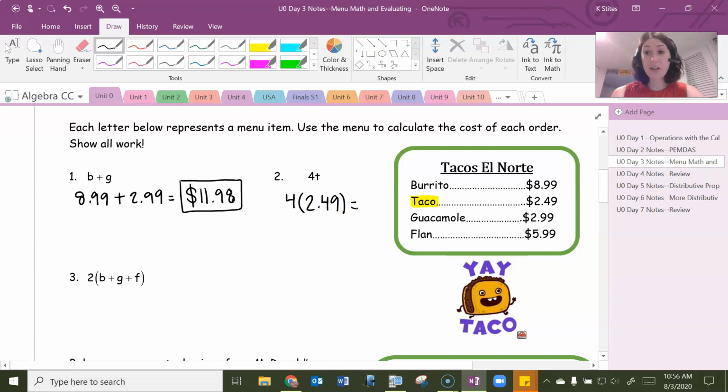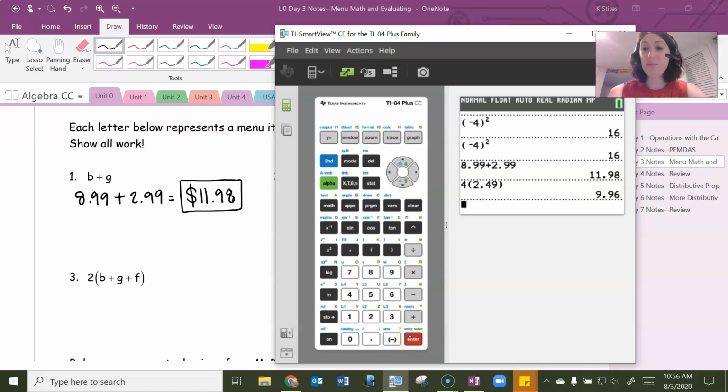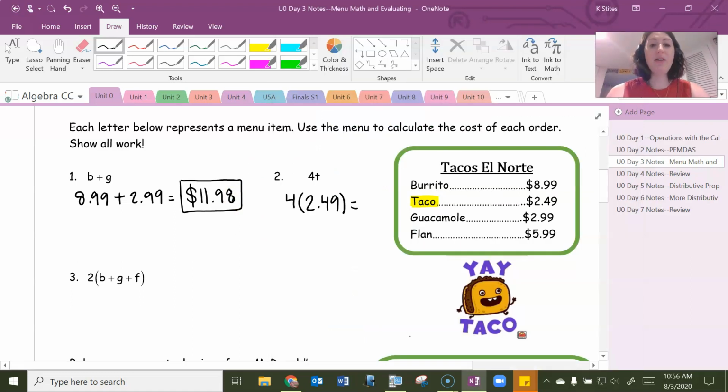Okay, 4 times 2.49. And you can either put parentheses, or you can use the multiply button. It does not matter. You're going to get the same thing. And we'll get $9.96. And again, make sure you put a dollar sign for your final answer.